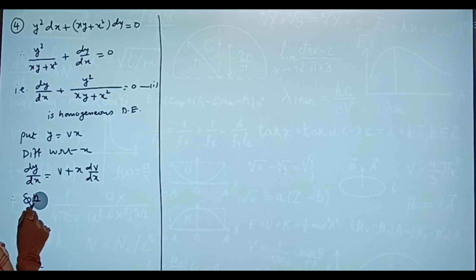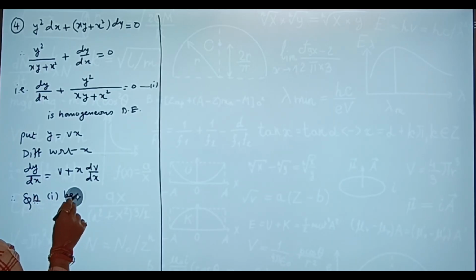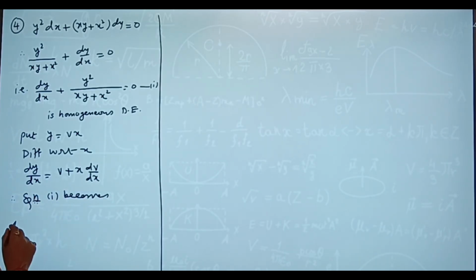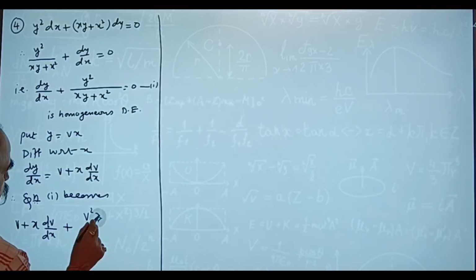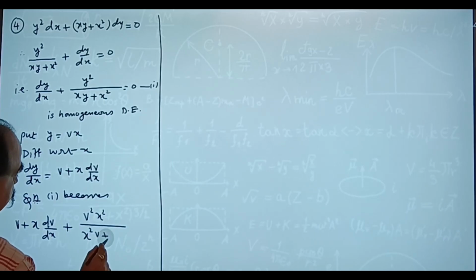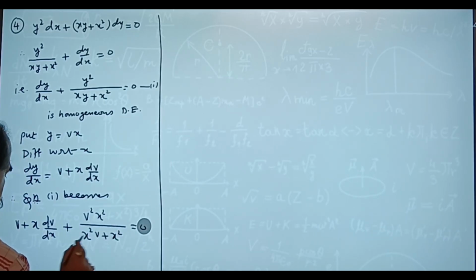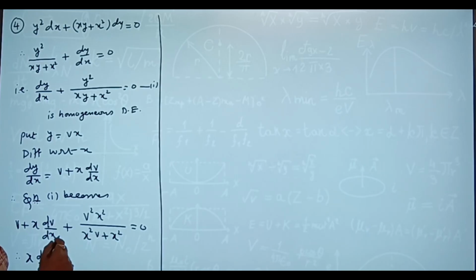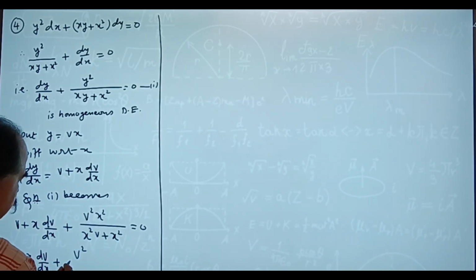Therefore, equation 1 becomes v plus x dv by dx plus v square x square upon x square v plus x square common will get cancelled, so v square upon v plus 1 plus v is equal to 0.